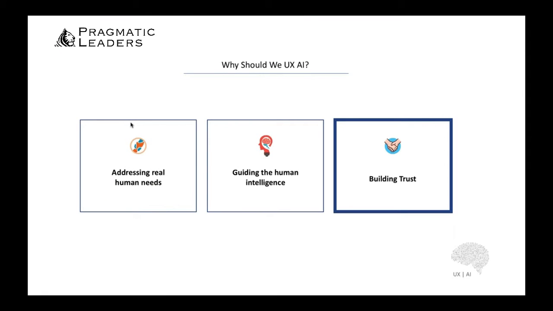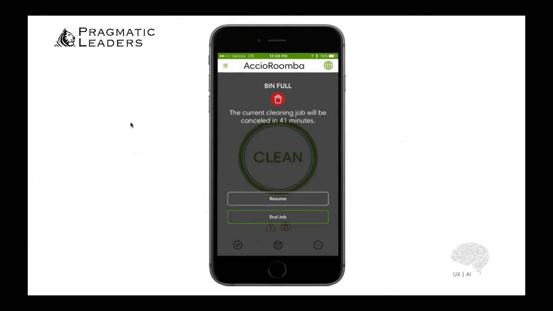Last reason, I think, would be building trust. So let's say I have an iRobot and I'm sitting at work and I just switch it on. There is no way for me to know, even though I'm monitoring it in great detail with a camera, that its bin is full, or there is a problem, or while it was going around in my house, it got stuck with a cord, or it is hanging from a cliff-like area.